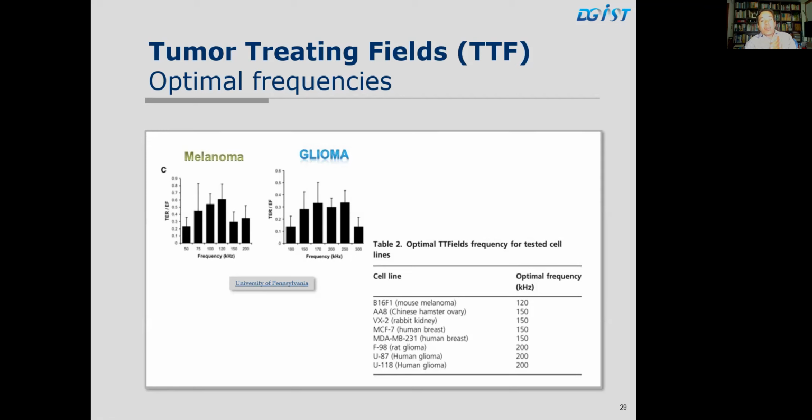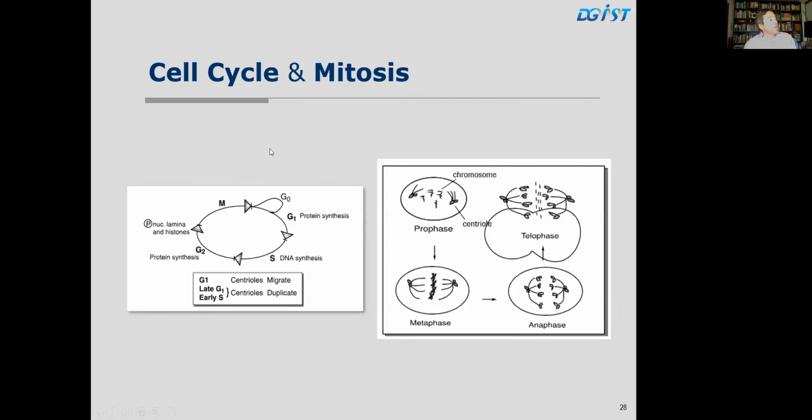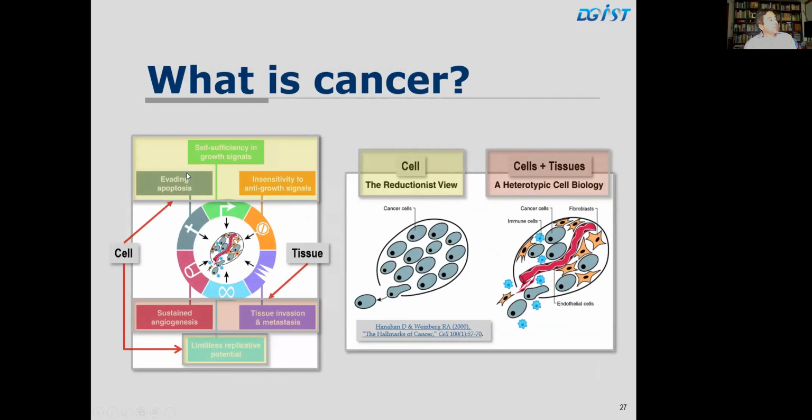We don't know exactly the mechanism of this. One of the reasons I want to show you this chart of the hallmarks of cancer here is, does it work with evading apoptosis, self-sufficiency of growth signals, avoidance of anti-growth signals? Does it prevent angiogenesis, tissue invasion, metastases?